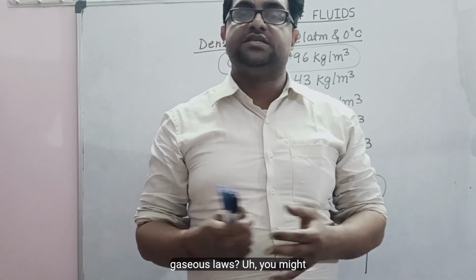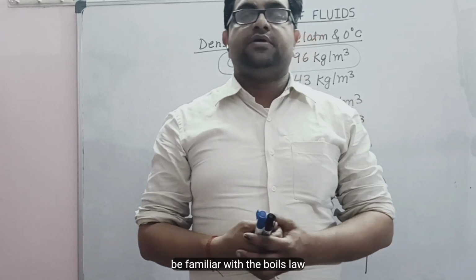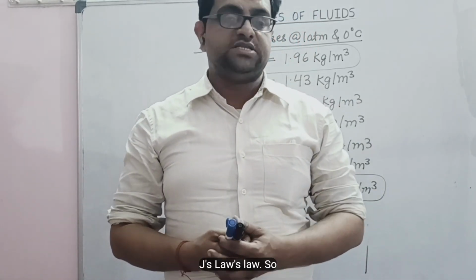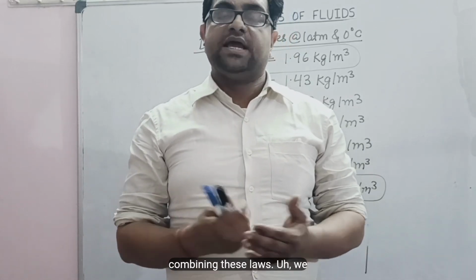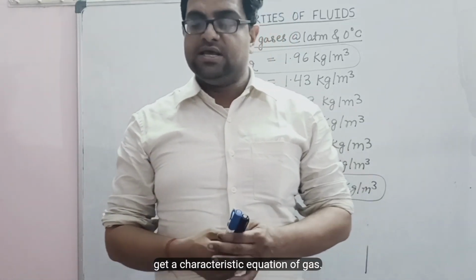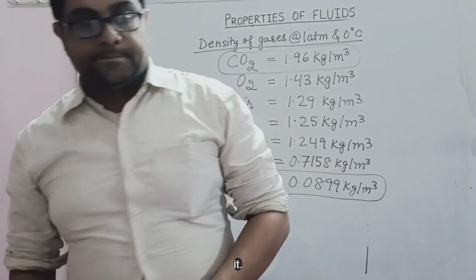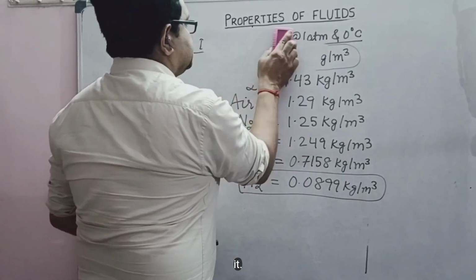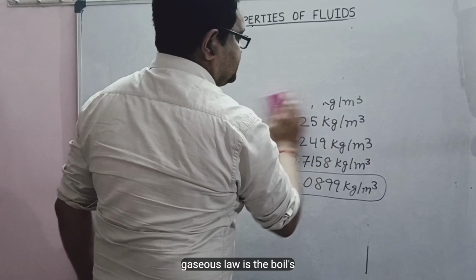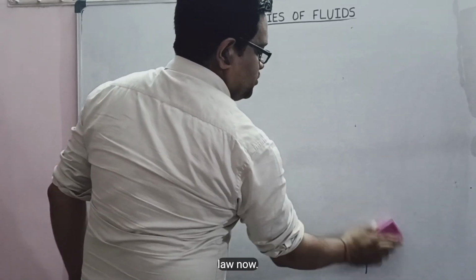What are the various gaseous laws? You might be familiar with Boyle's law, Charles' law, Avogadro's law. So combining these laws, we get the characteristic equation of gas. Let us recall it. The first gaseous law is Boyle's law.